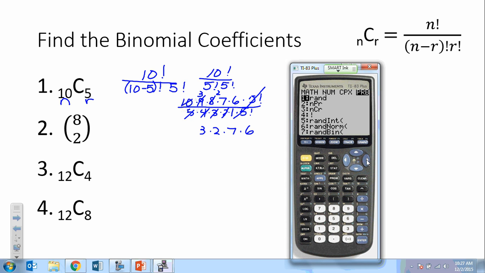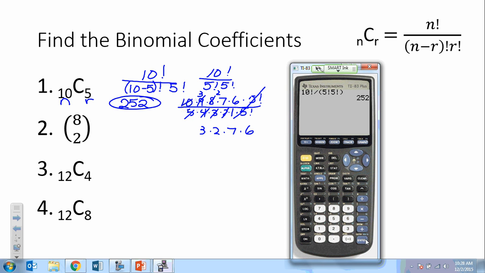If we're multiplying them, the denominator will need to be in parentheses. I want to show you that they're the same thing. So this should be 252 to begin with.